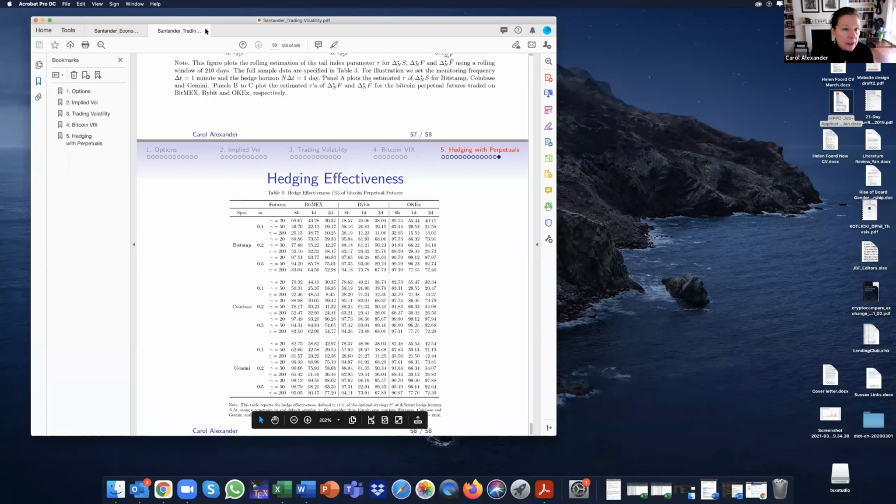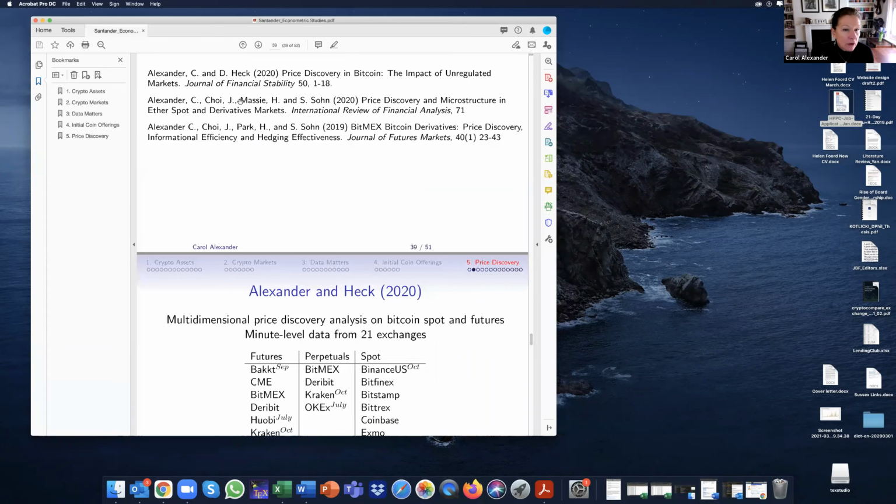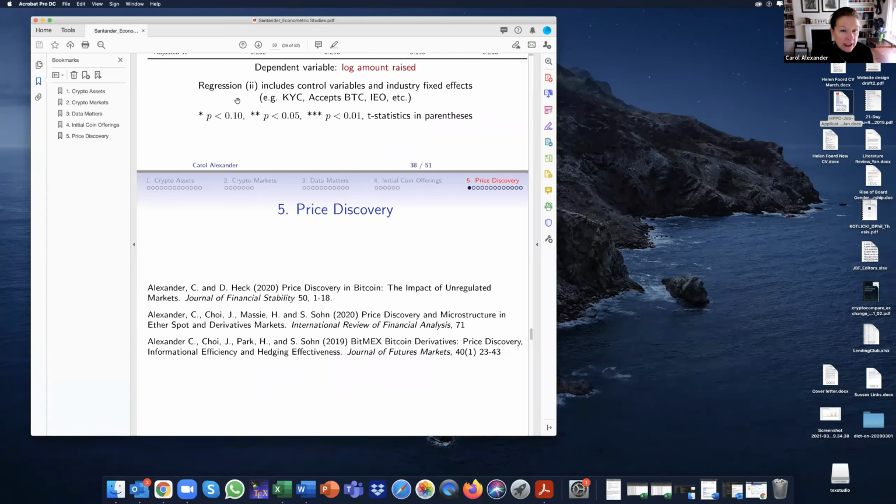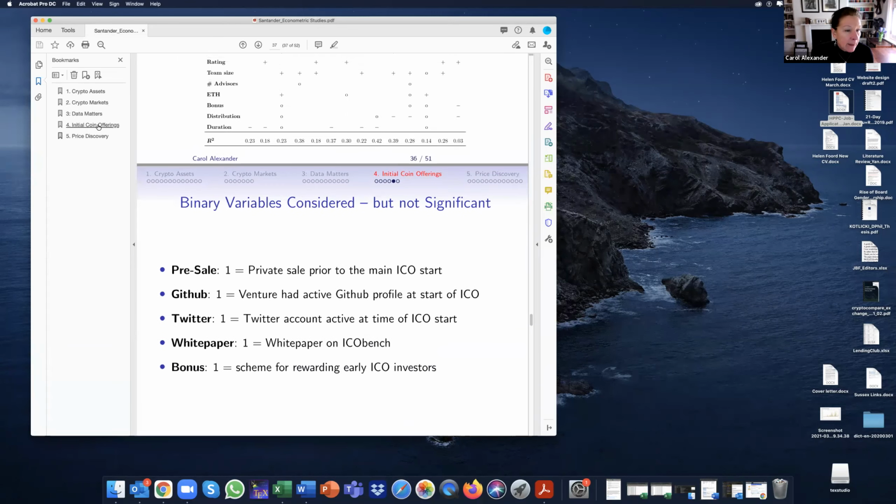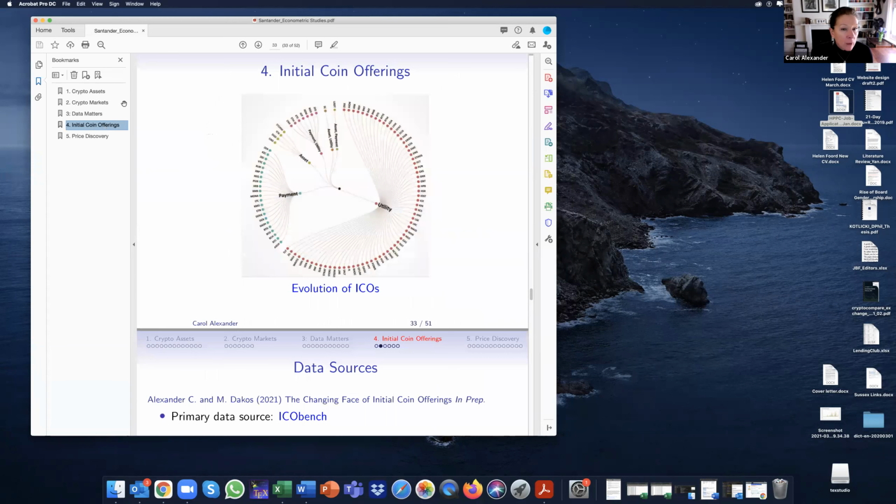So, sorry, that was just from Tuesday, and today we are going to be talking about initial coin offerings. There was just one site before I get onto this subject that I didn't show you.